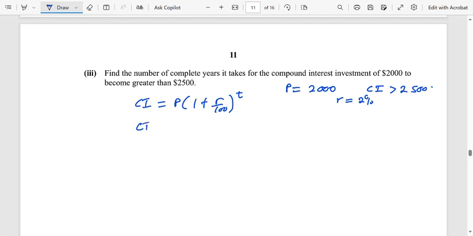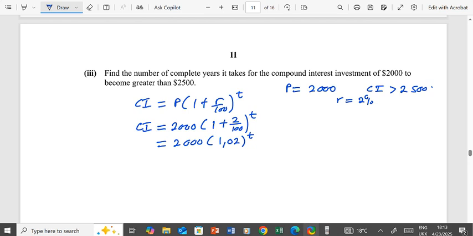So CI is equal to P, which is 2,000 of 1 plus 2 over 100 to the power T because we don't have the time. So this is 2,000 of 1.02 to the power T. And what we're going to do here is a trial and error for the time to see what happens. So let's see what happens at T equal to 5 years.